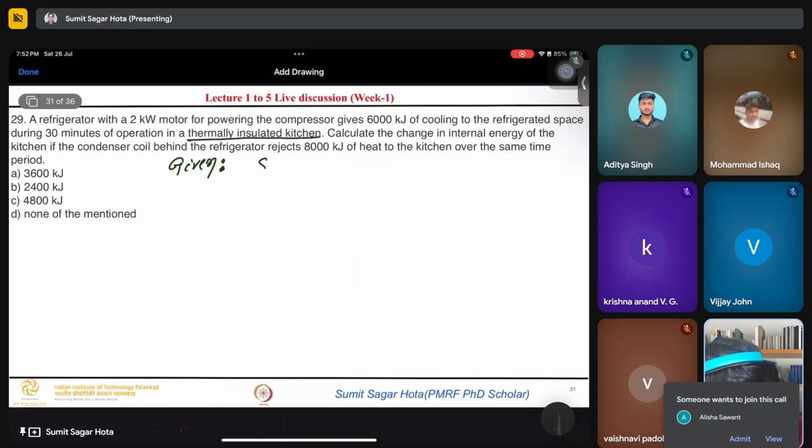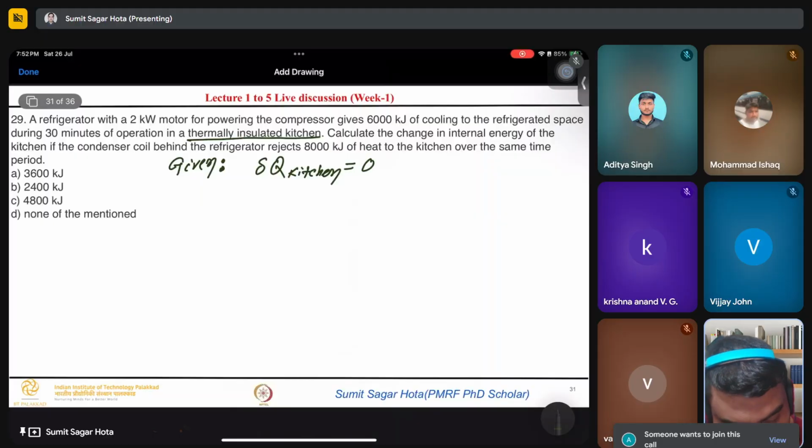That means the change in heat energy is 0, since it is insulated. Next, they are telling a refrigerator with a 2 kilowatt motor for powering the compressor. That means the work done on the system is electrical work done.